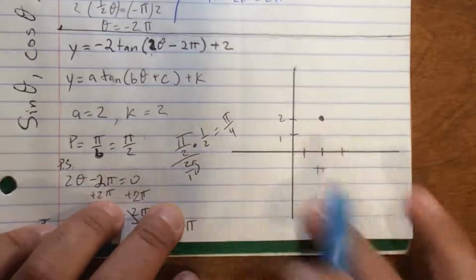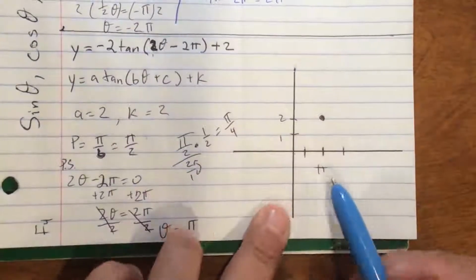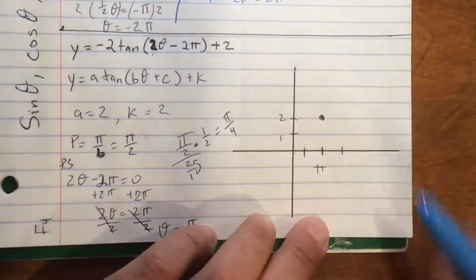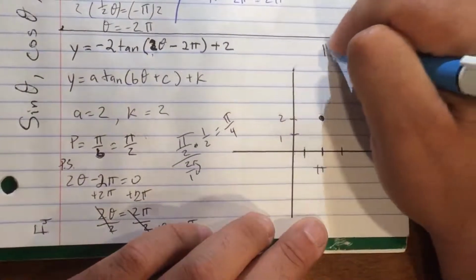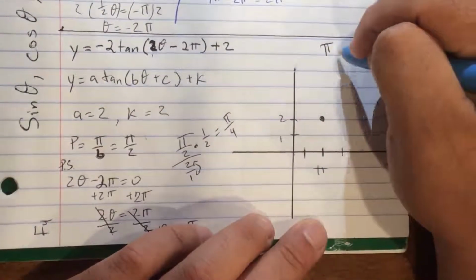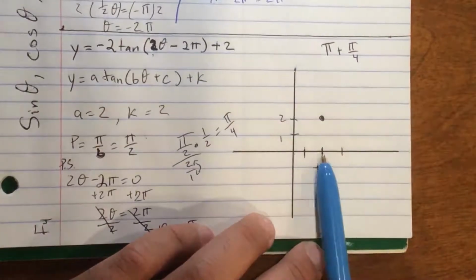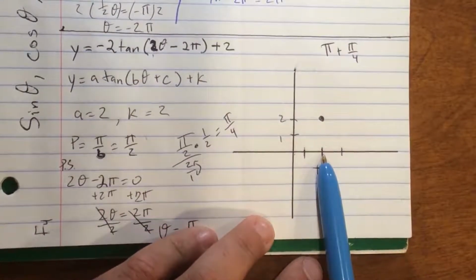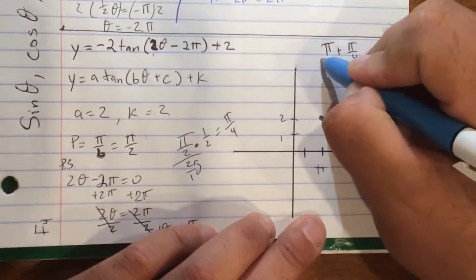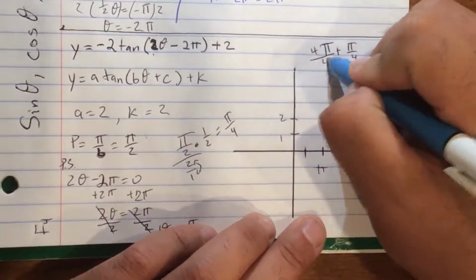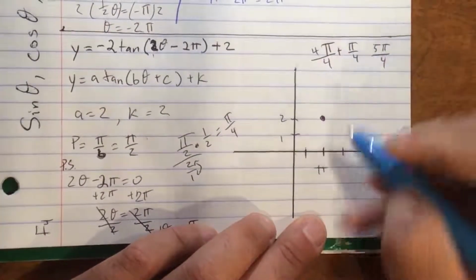We can't really just put pi over 4 and negative pi over 4 here, because we have our phase shift of pi. So we're going to have pi and add our pi over 4, and then do the same thing and subtract. We can't add this yet, so we multiply by 4 over 4, and we have 5 pi over 4, which is the one here.